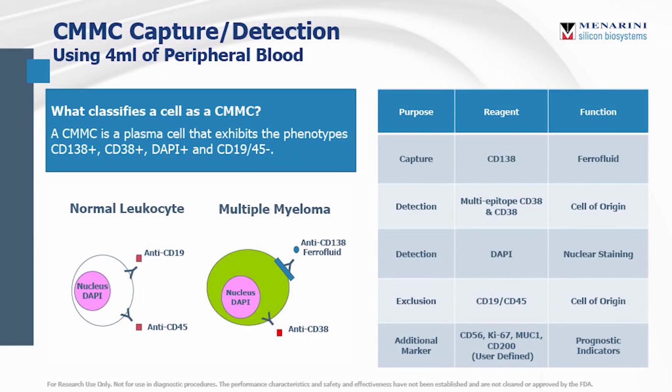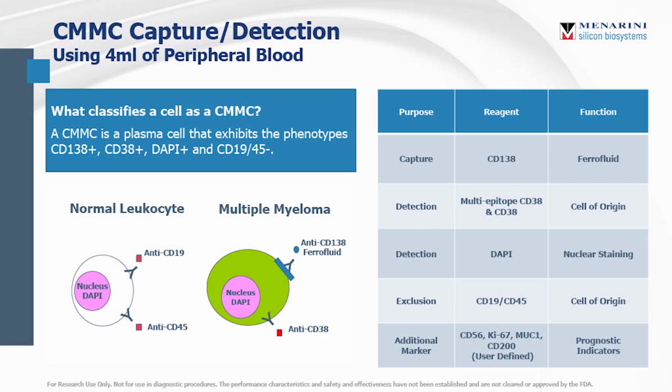CMMC capture and detection is done using 4 mL of peripheral blood, and we define a CMMC as a plasma cell which is CD138 positive, meaning it's bound and isolated by our CD138 ferrofluid, that stains with our CD38 marker, that is DAPI positive, but is negative for CD19 and CD45.